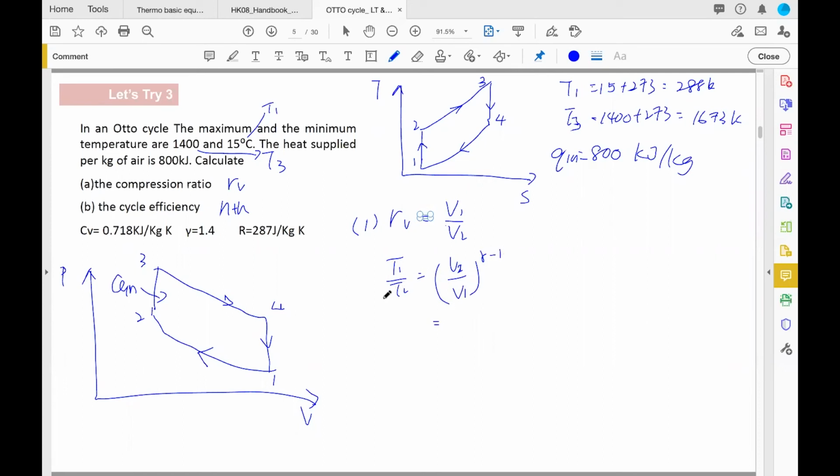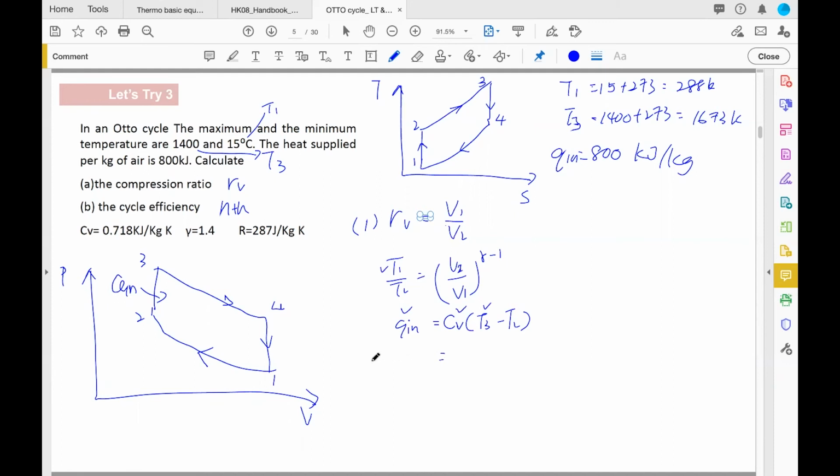But the problem is we have T1, we don't have T2, and we don't know the RV. So we need to find T2. And if you look at here, what we can try is the Q in. The Q in equals Cv times T3 minus T2, which is just nice because we have T3, we have the Q in, we have the Cv, so we can get T2.